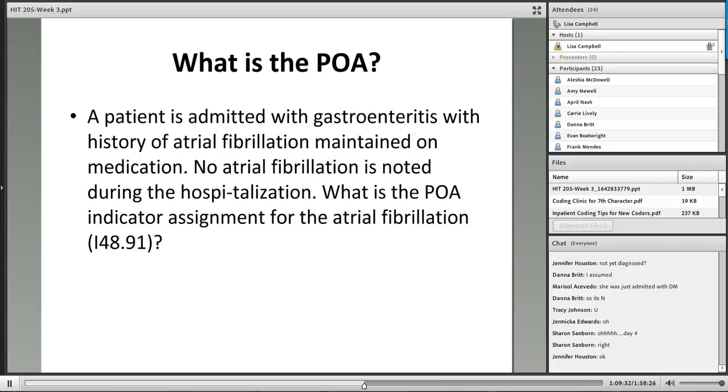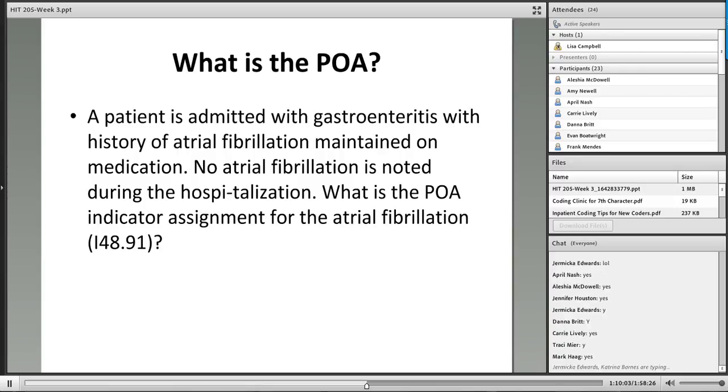All right, next up. Patient is admitted with gastroenteritis with a history of AFib that is maintained on medication. No AFib is noted during the hospitalization. What is the POA for the AFib? Now, unfortunately, when you are reading your records, nobody's going to be making some of the words sound louder.